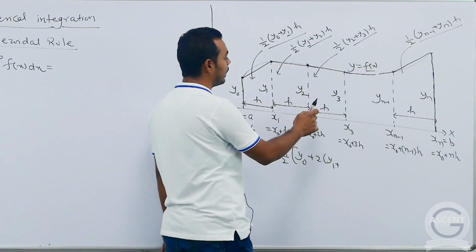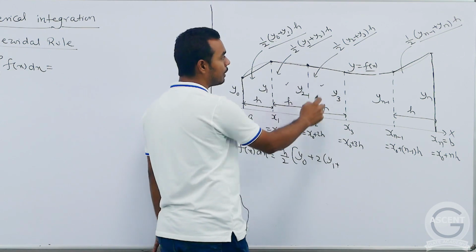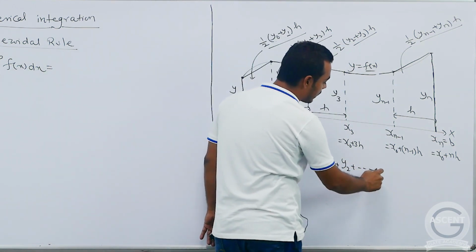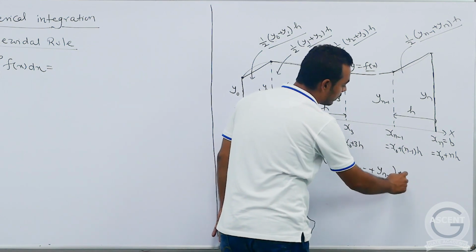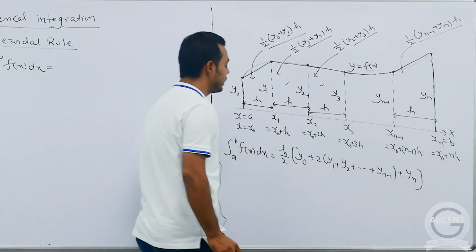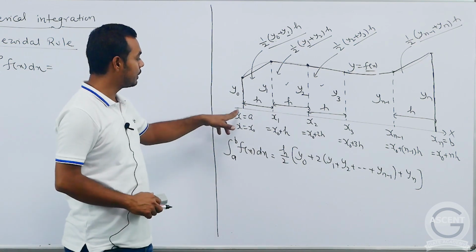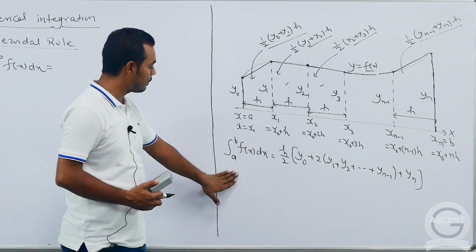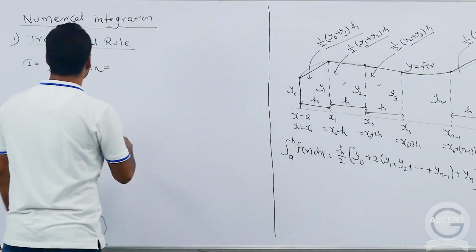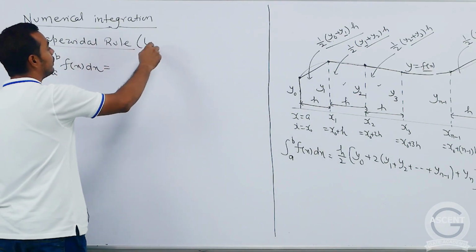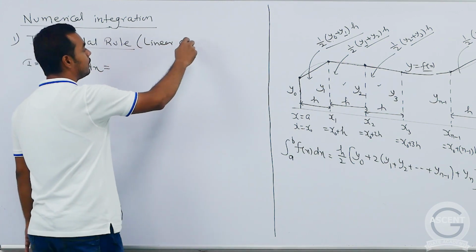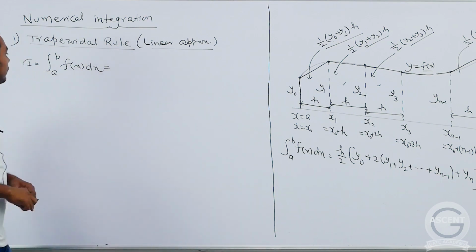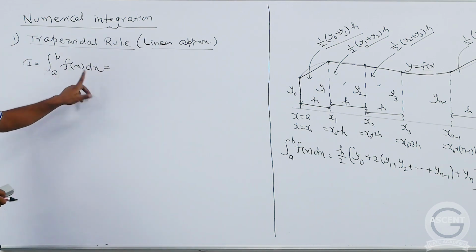Similarly y2 is common to both the second and third trapezium, so you will get y2 plus y2, 2 times y2. This will continue up to yn minus 1 plus yn. So this will approximately give us the area between the two lines x equals a and x equals b under the curve y equals f of x. So in the trapezoidal rule, we do linear approximation, meaning that we approximate the curve by a straight line. And the formula here will be integration a to b of f(x) dx.